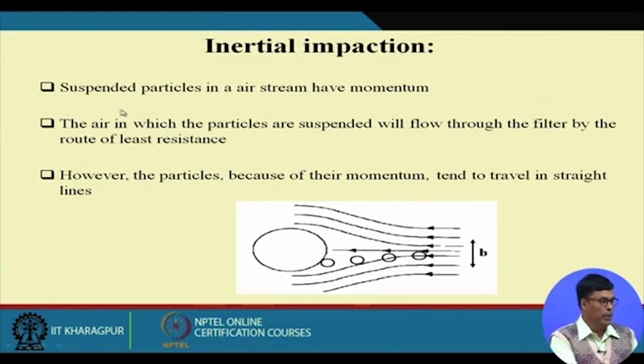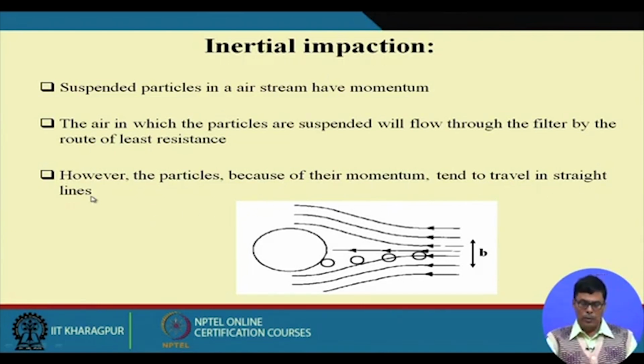Let me tell you what we call inertial impaction. A suspended particle in an airstream has momentum. The air in which the particles are suspended will flow through the filter by the route of least resistance. However, the particles, because of their momentum, tend to travel in a straight line.